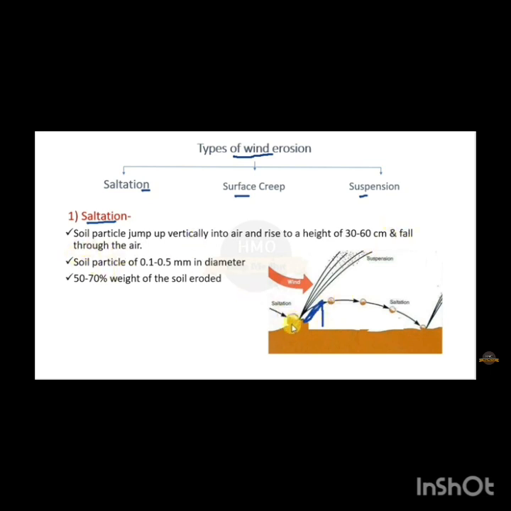It means the soil particles move from one place to another by jumping, and 50 to 70% of the weight of the soil gets eroded due to saltation.